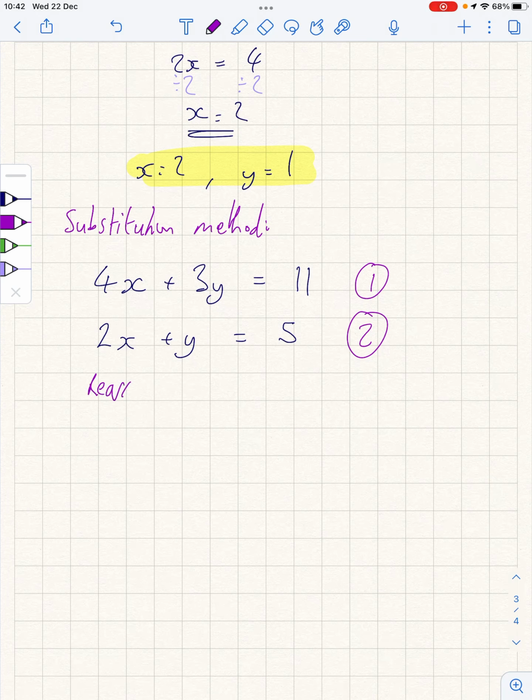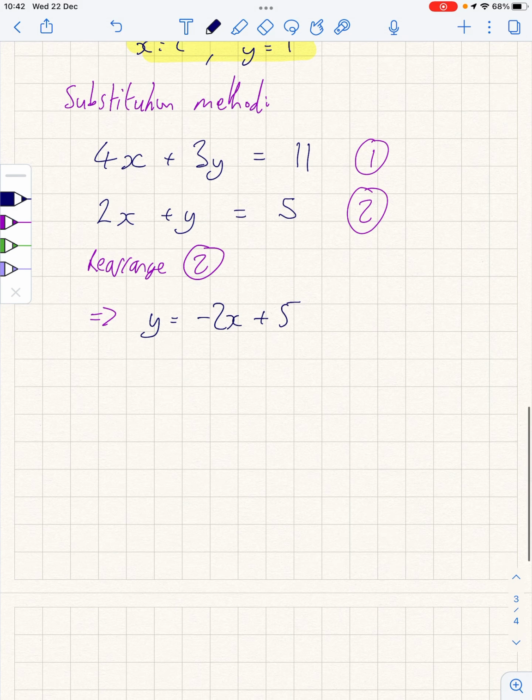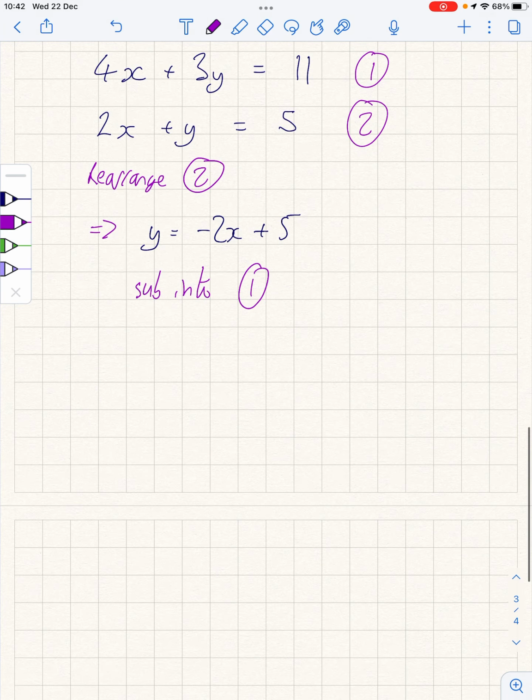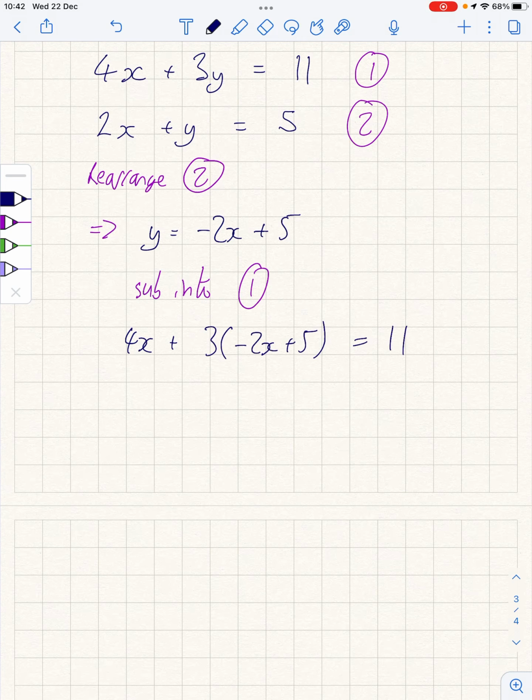So rearrange equation 2, and by subtracting 2x from both sides, I have y in terms of x. Now I'm going to sub into equation 1, sub being short for substitute. Every time I see a y, I replace it with y equals minus 2x plus 5. So 4x plus 3 lots of minus 2x plus 5 is equal to 11.